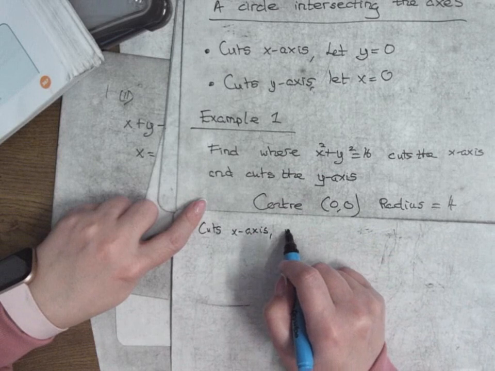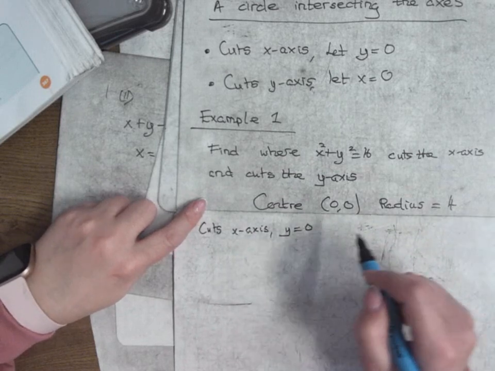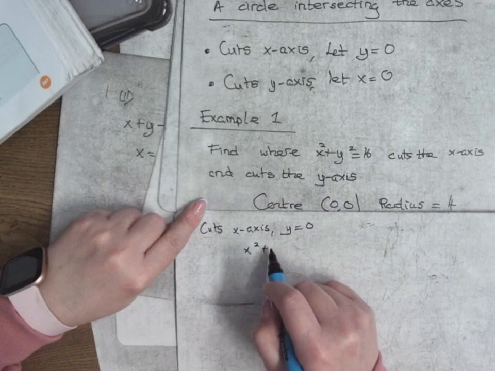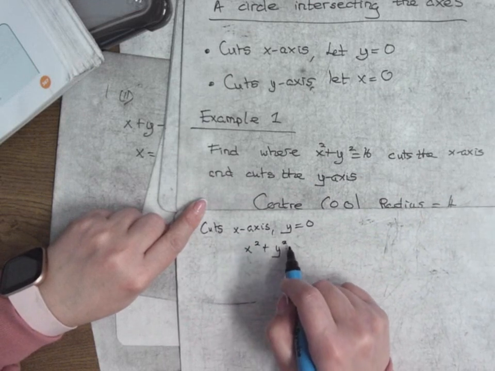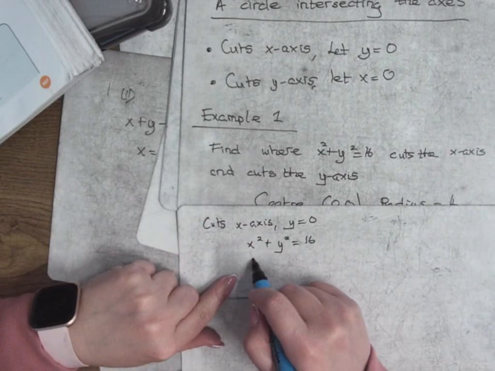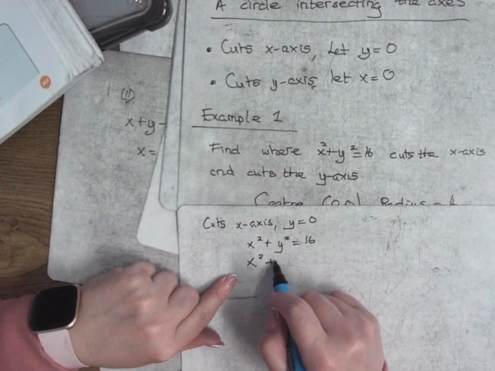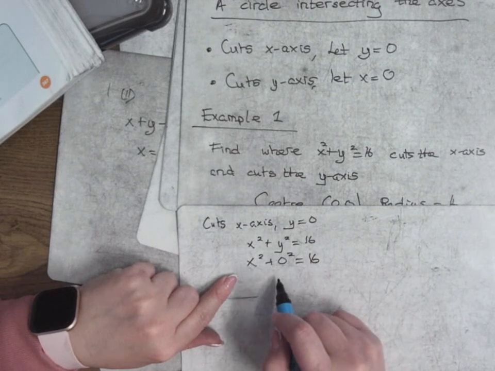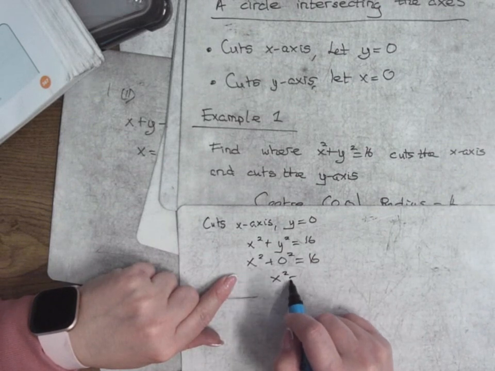So where it cuts the x-axis, y is equal to 0. So you take the equation of the circle, and everywhere you see a y, you put in a 0. So you get x squared plus 0 squared equals 16. So that's just x squared is equal to 16.